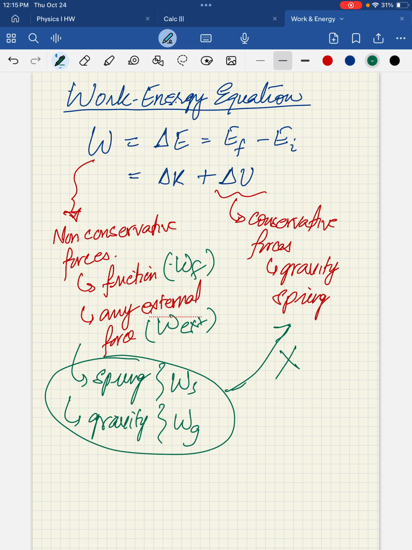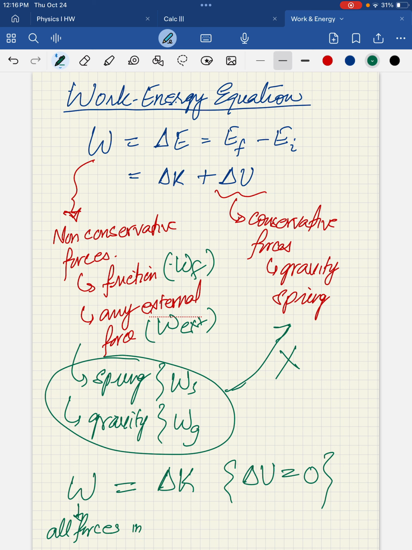In that case, if you want to rely on this equation, you simply take the work done by spring and work done by gravity on the left hand side, and on the right hand side you are going to ignore those forces in delta U. So let's say if you take both spring and gravity as part of the work on the left hand side, then your equation simply becomes W is equal to delta K, because delta U is equal to 0, because we have taken both gravity and spring as part of W. So this is including all forces, including conservative.